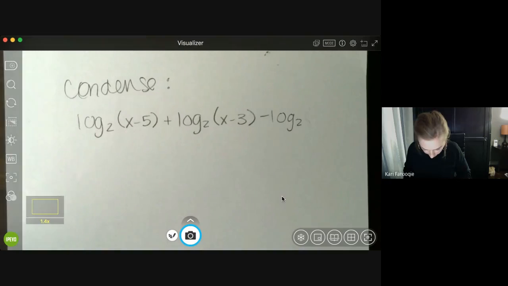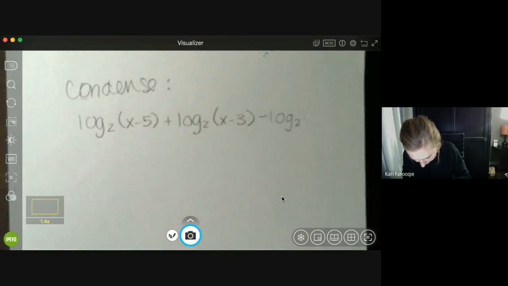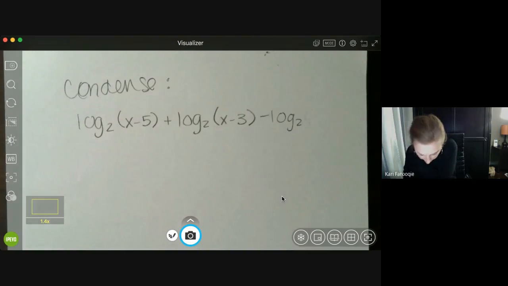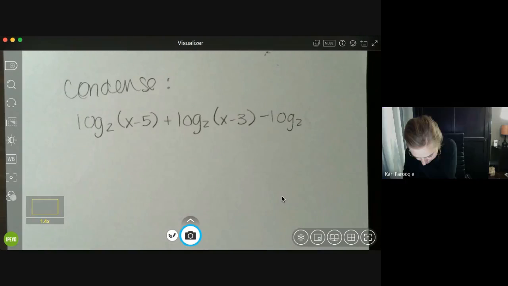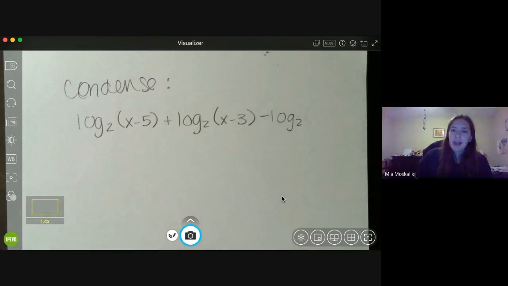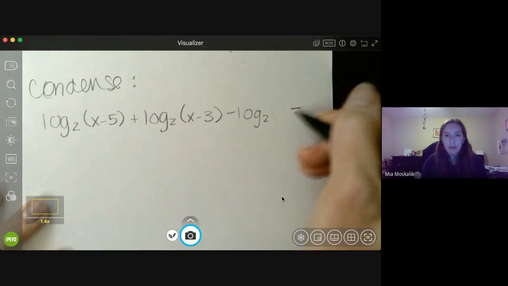Okay, let's see. Let me see if I can figure out where it came from. All right, expand, condense. I don't even see one that matches this in the book. But it was from 4.3? Yeah, I believe so. You kept asking me to find the problem set. Oh, you said it equals 3?